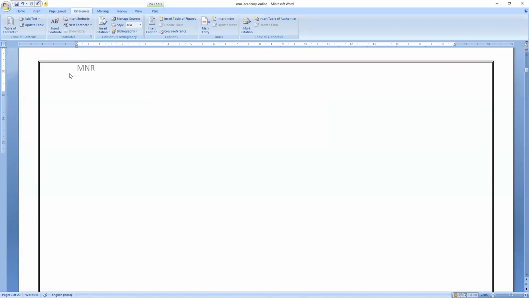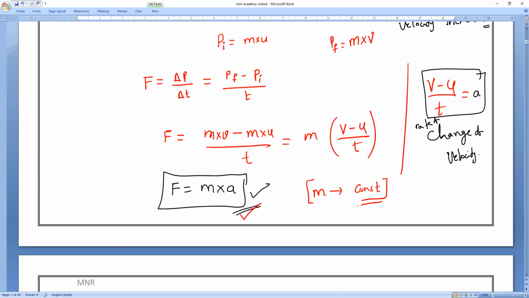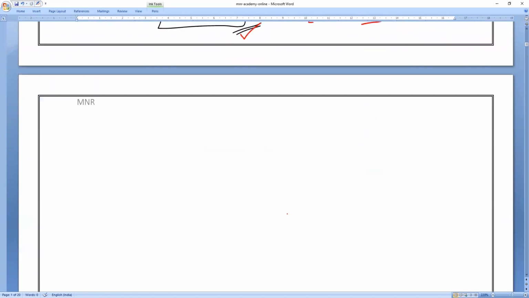As I said, F is equal to ma is only true when m always remains constant. For example, let us observe very carefully. We all know the rocket, spaceship or rocket, whatever it is. Go back to class 9th and study how Newton's law applies.